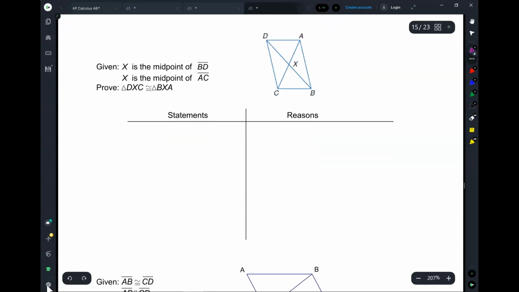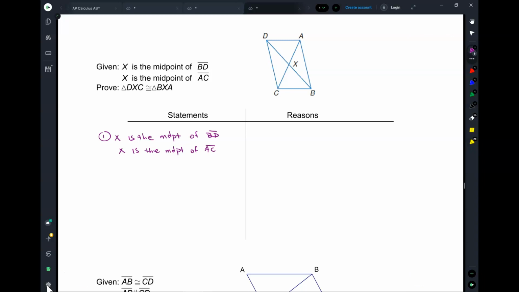Okay, so X is the midpoint of BD. So let's write that here. X is the midpoint of segment BD. X is also the midpoint of segment AC.